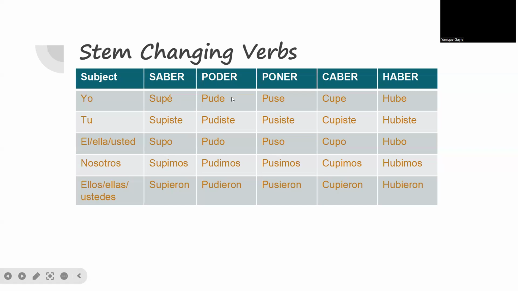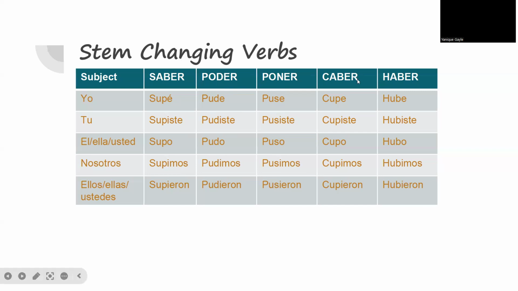And poder is pude, pudiste, pudo, pudimos, pudieron. Poder is the modal verb can. Poner means to put. Puse, pusiste, puso, pusimos, pusieron.